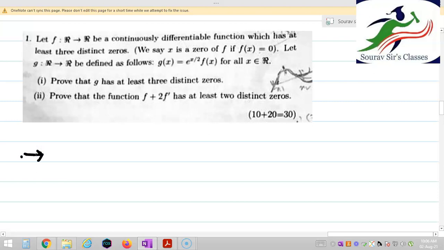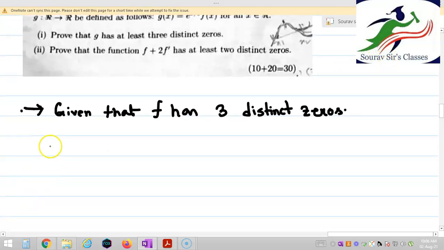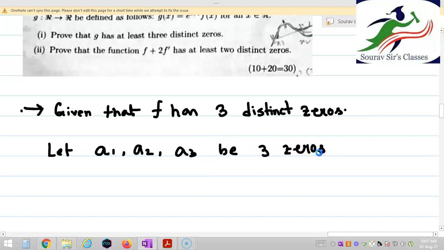It is given to us that f has 3 distinct zeros. Let a1, a2, a3 be 3 zeros of f.